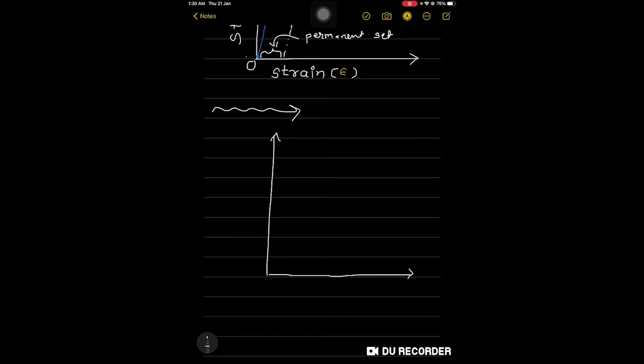Here again the stress is of a very big amount, about 10 to the power 6 Newton per meter square, and the strain is also comparatively high.